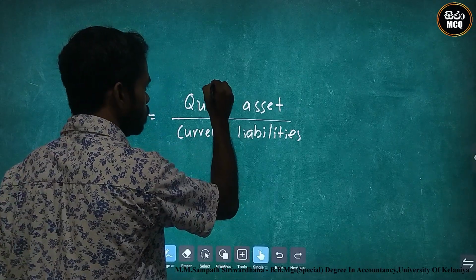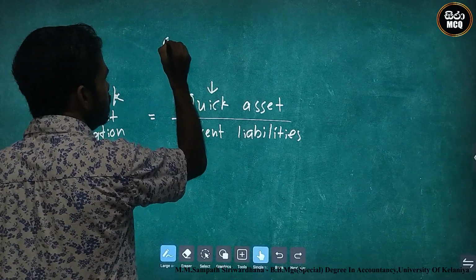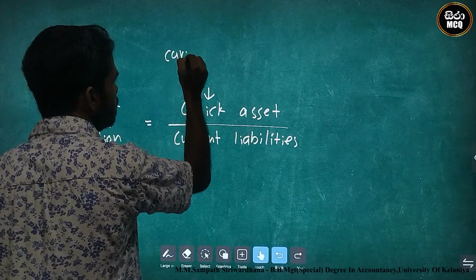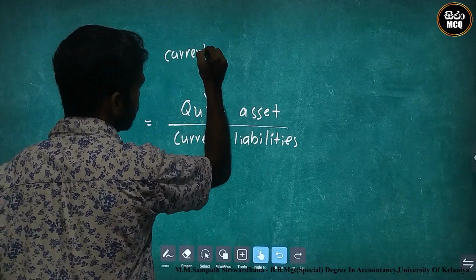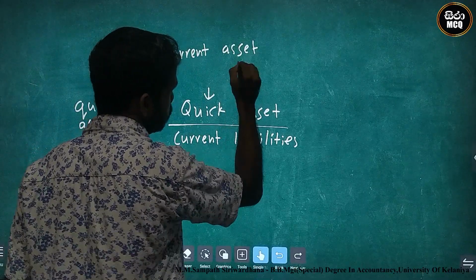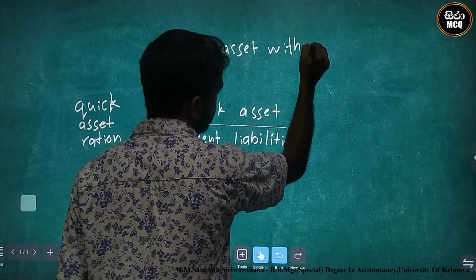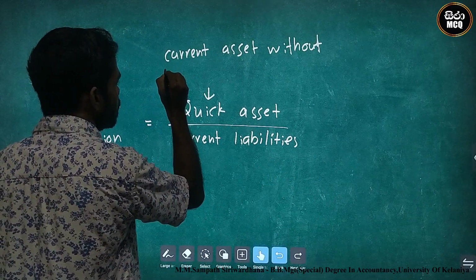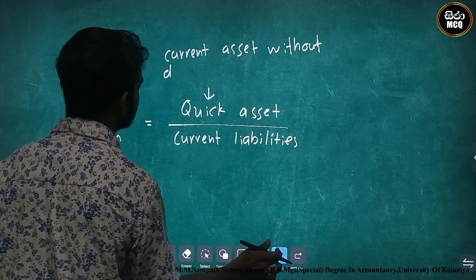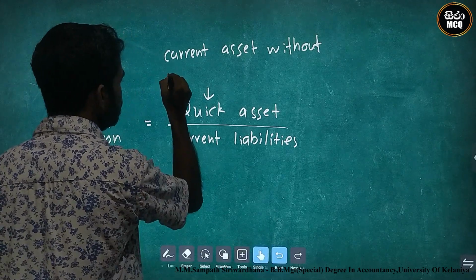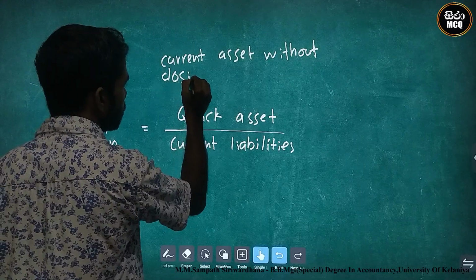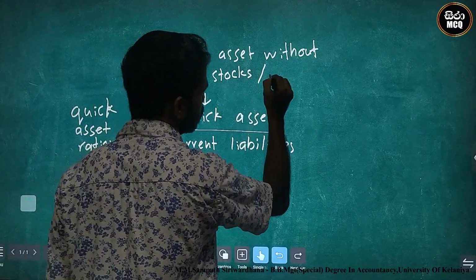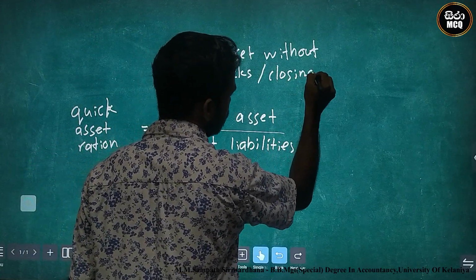What is a quick asset? Quick assets are current assets, not all current assets. Current assets without, meaning excluding, closing stocks and closing prepayments.